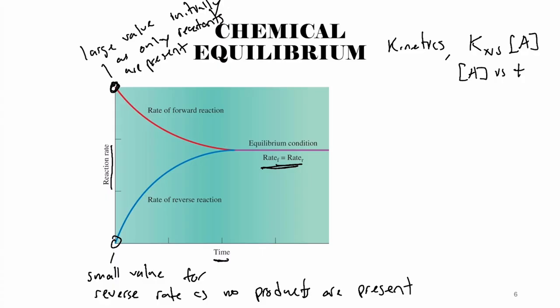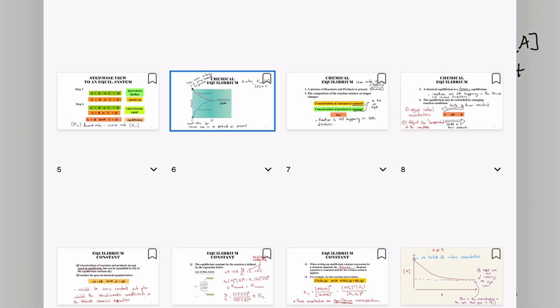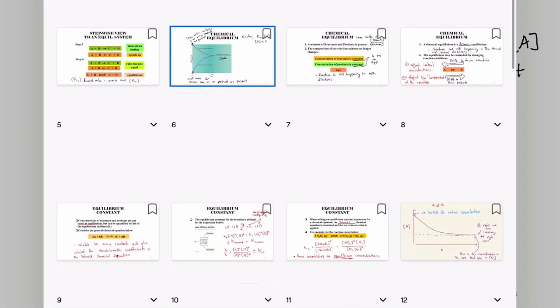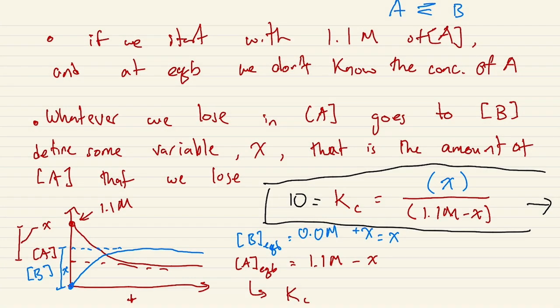So when the rates are equal to each other, and then we also can look at how the concentrations vary with time. Right here, we reach this equilibrium state. The actual values of where this equilibrium is at can be different, but when you take the ratio, then they have to be the same.